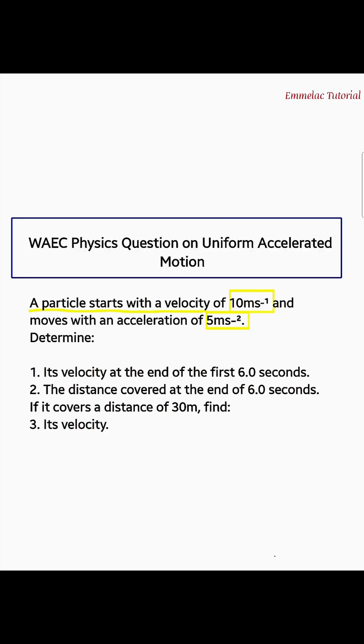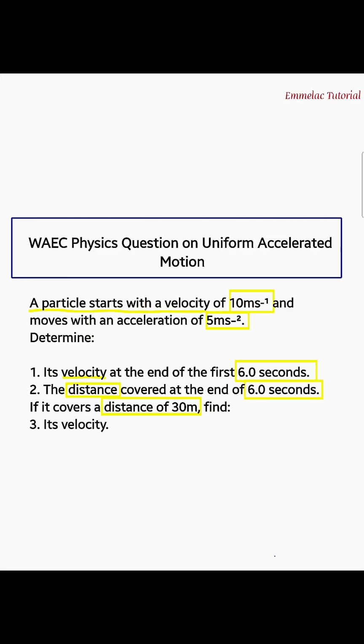Now determine, question 1, the velocity at the end of 6.0 seconds. Then number 2, the distance covered at the end of 6.0 seconds. Take note, this is the distance. And number 3, if it covers a distance of 30 meters, find its velocity.